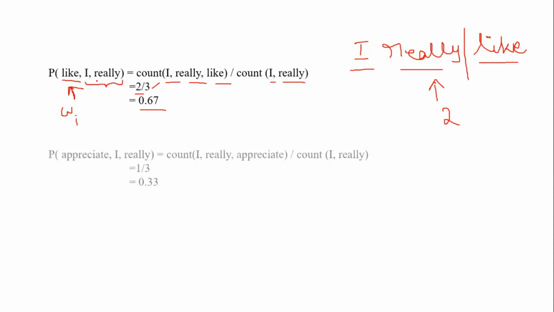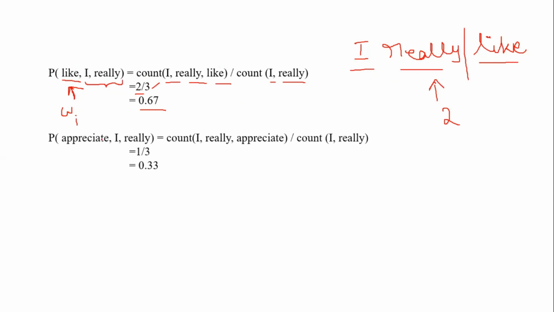In the same way, 2 out of the 3 sentences beginning with "I really" start with "I really like", whereas the other sentence starts with "I really appreciate". So you need to find the probability for both. We have just done it for "like".